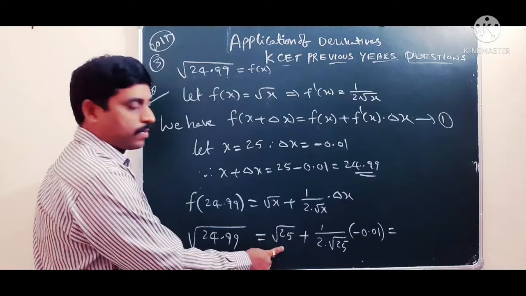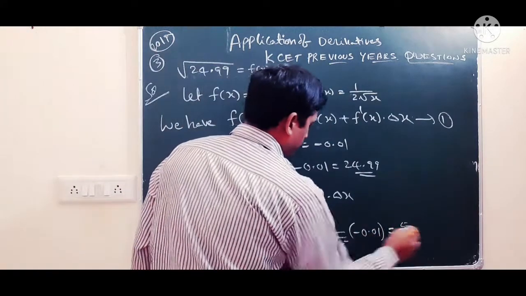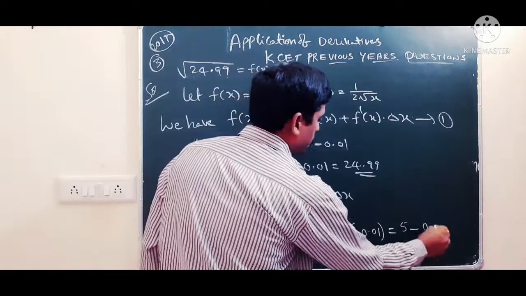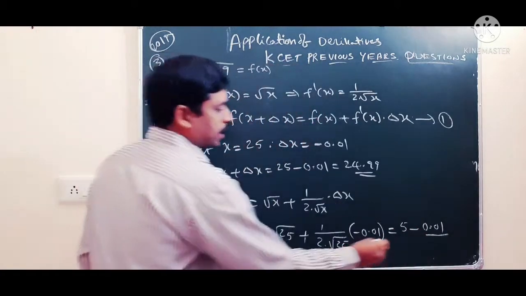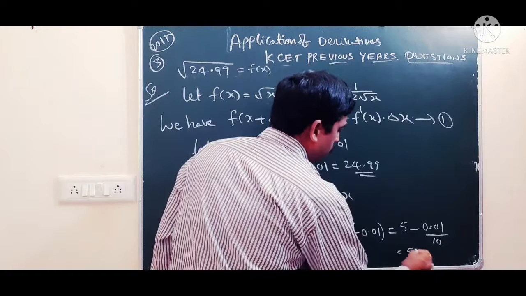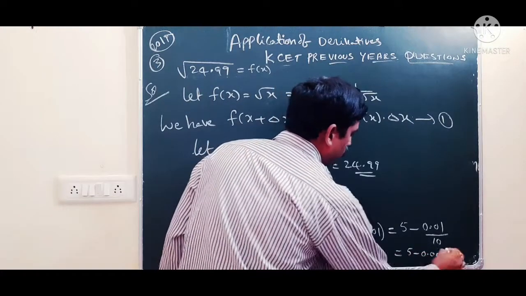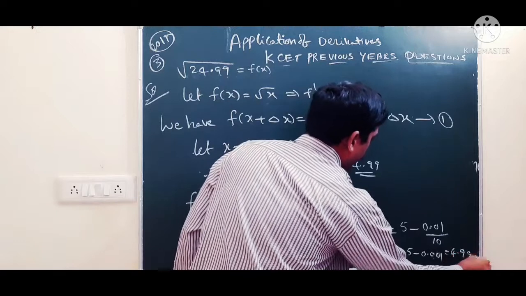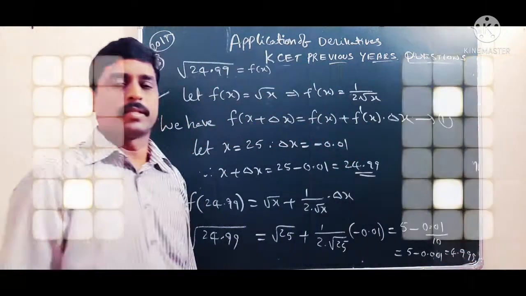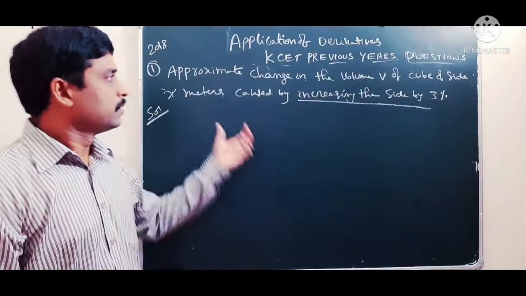Root 25 value is 5, plus minus 0.01 by 5 times 2, which is 10. So 5 minus 0.001 will be 4.999. That is the answer.